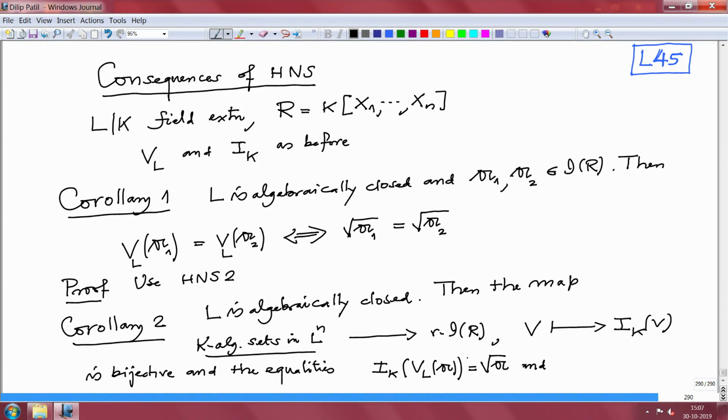Initially it was only this inclusion, but it is equality.